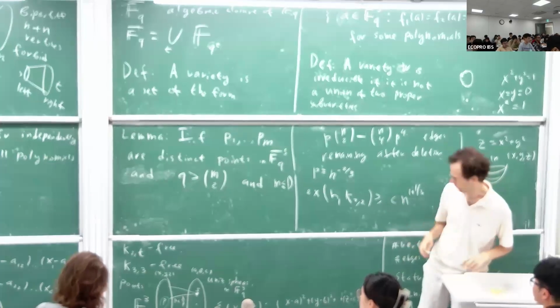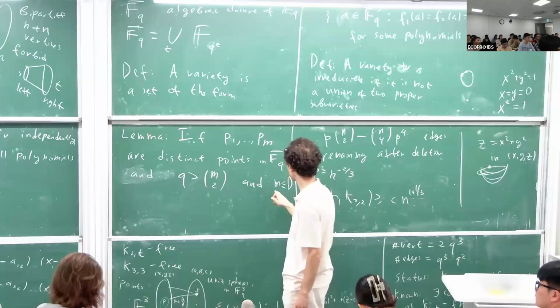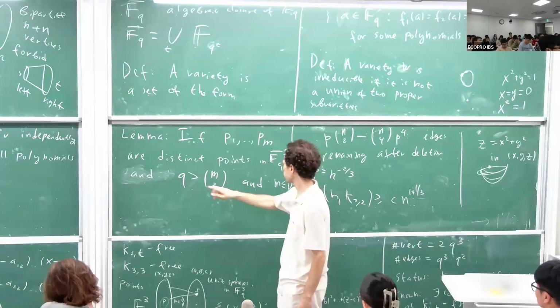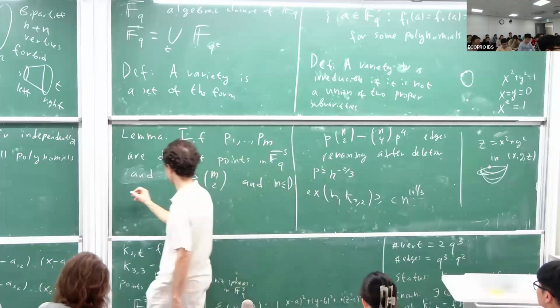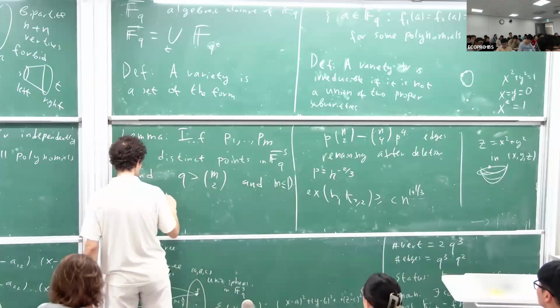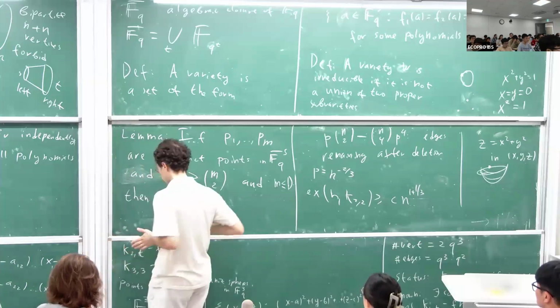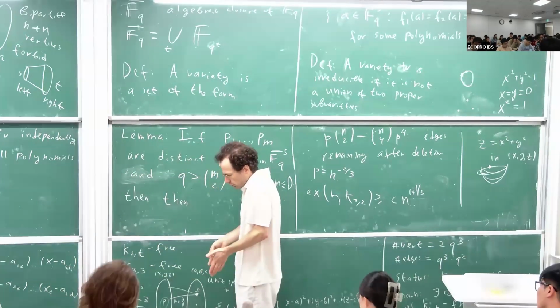Degree is big enough, field is big enough. Then there is a direction such that if you look in that direction, all these points have different projections.